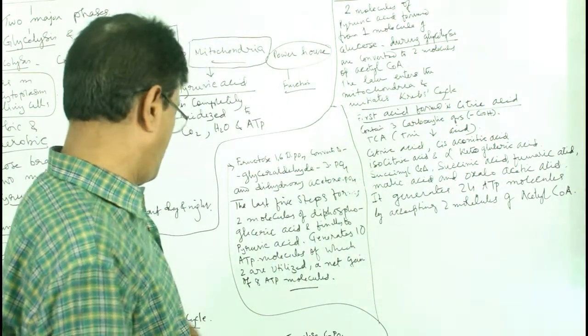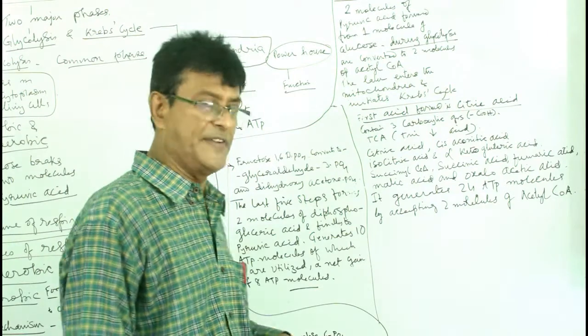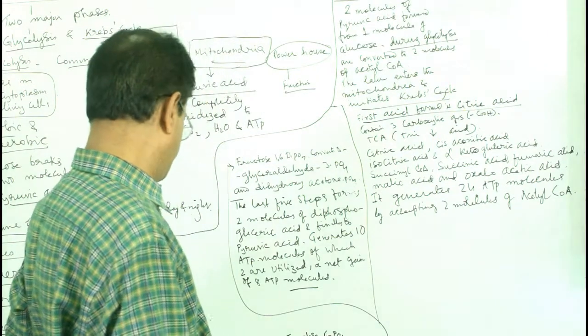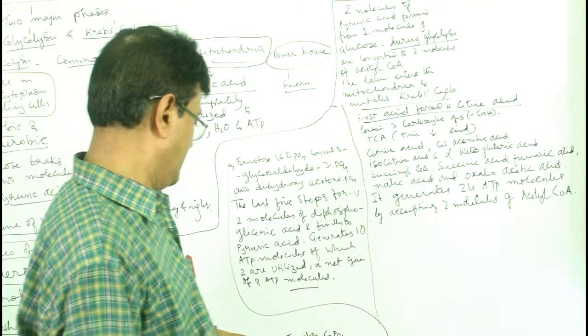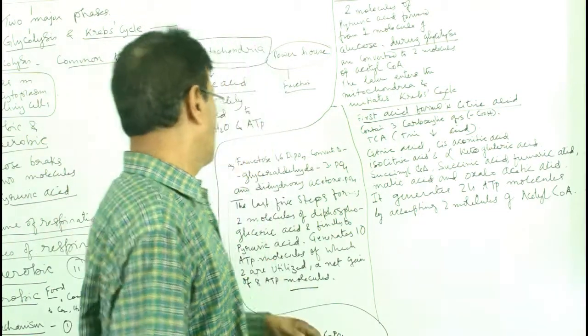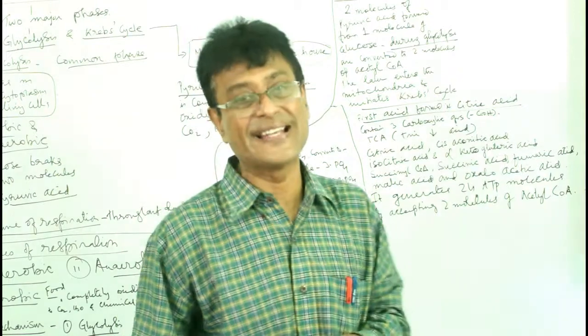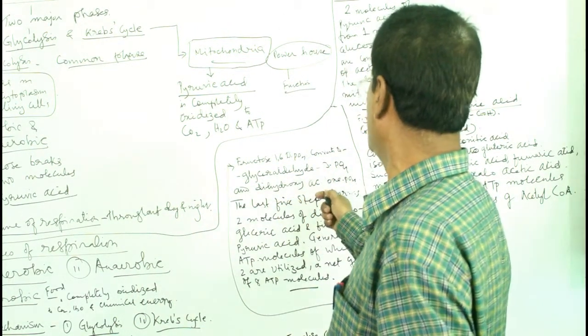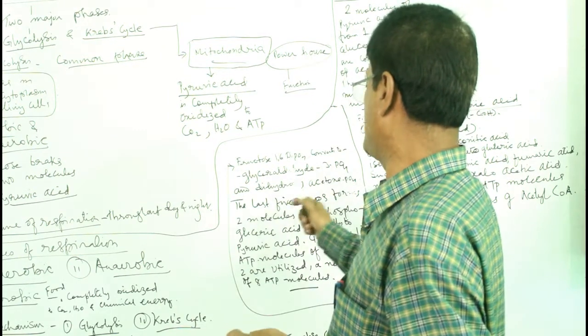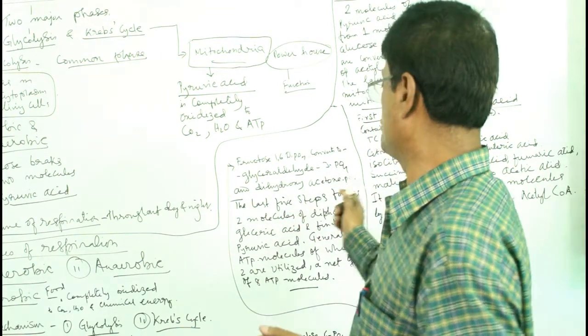Glucose forms glucose 6-phosphate, then fructose 6-phosphate, then fructose 1,6-diphosphate, utilizing 2 ATP molecules, and then it converts to glyceraldehyde 3-phosphate and dihydroxyacetone phosphate.